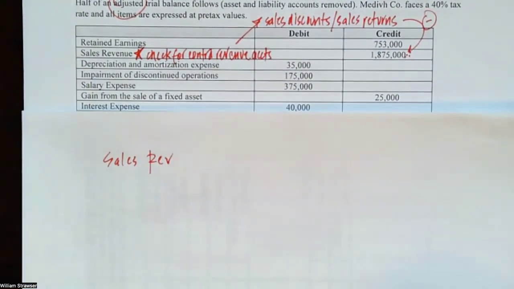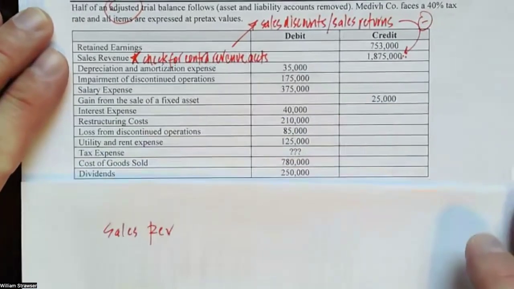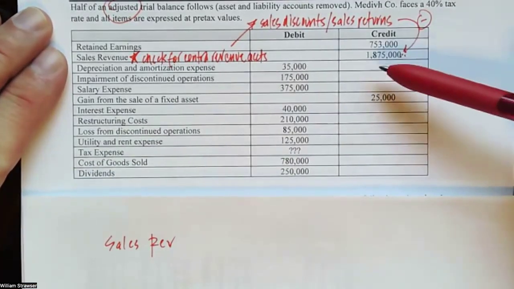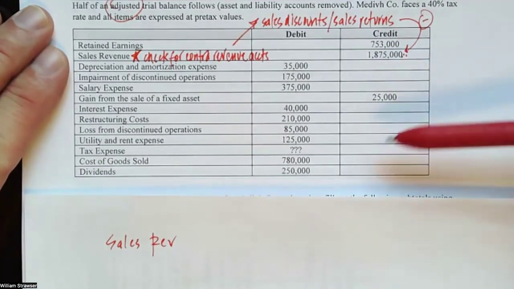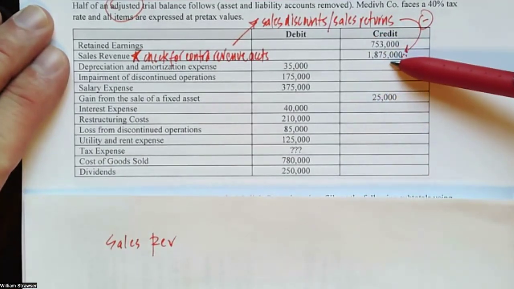We hold them separately in the accounting system, but then we report them all as one number when we go to present financial statements. So looking through this information, there are no contra accounts for revenue, no sales discounts, no sales returns. If they were there, we would just subtract them off this number.